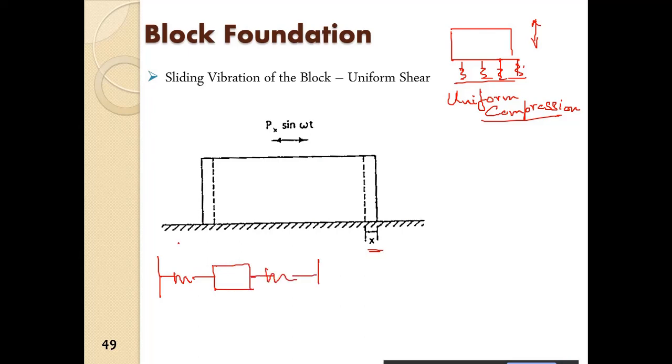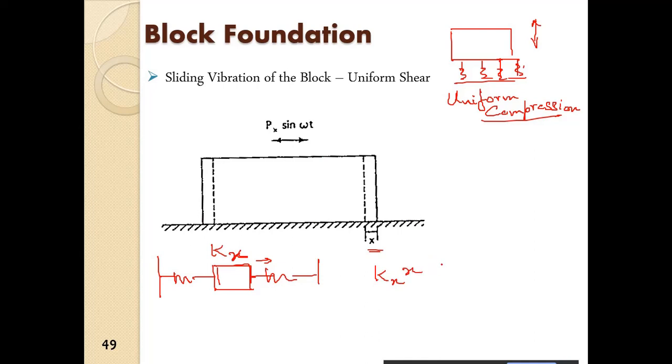The stiffness of the spring is kx, suppose. If the total combined stiffness of the spring is kx, and it displaces x in this direction, we have the force on the mass due to the spring, kx into x.